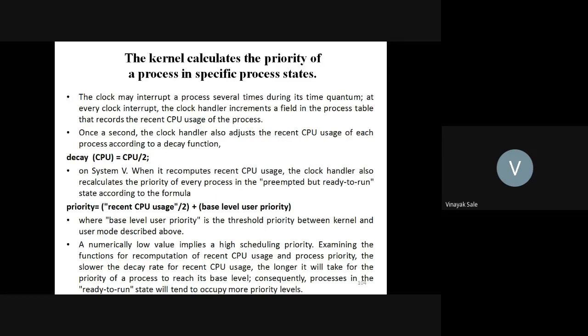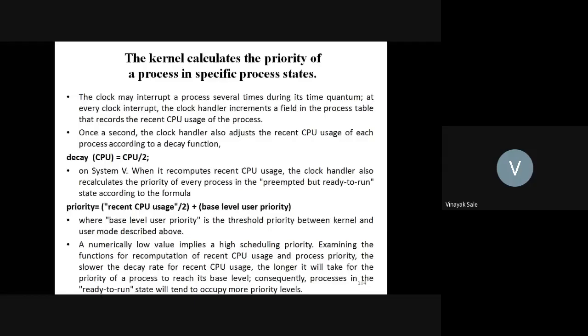The base level user priority is the threshold priority between kernel and user mode, as we have seen in the previous figure. A numerically low value implies high scheduling priority.